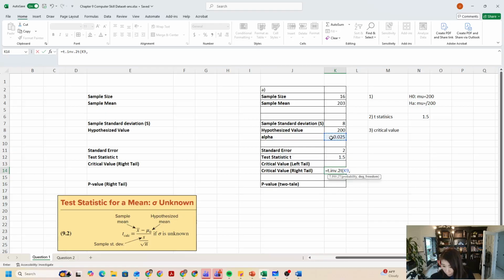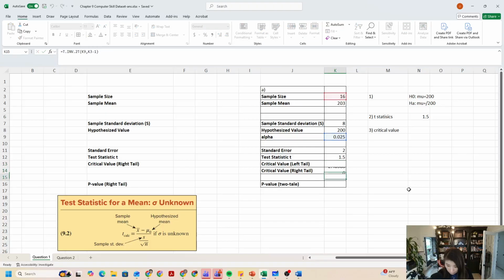And the degree of freedom we mentioned in class is equal to n minus 1, so 16 minus 1, that will give you the degrees of freedom. That will give you the upper tail, 2.48988.